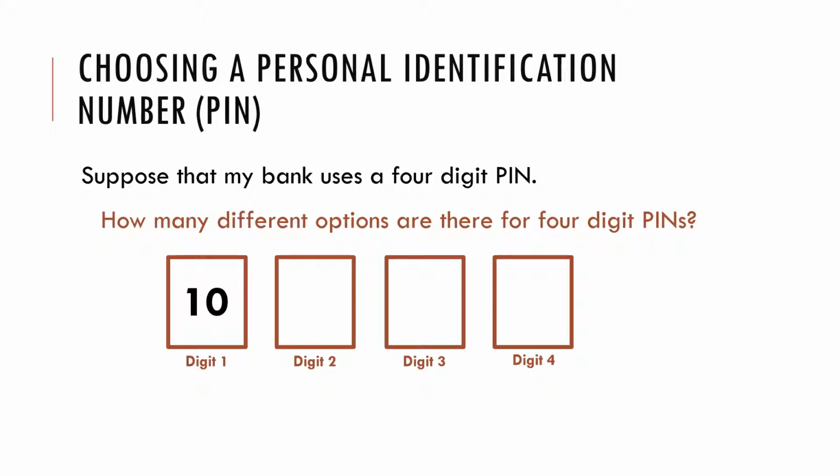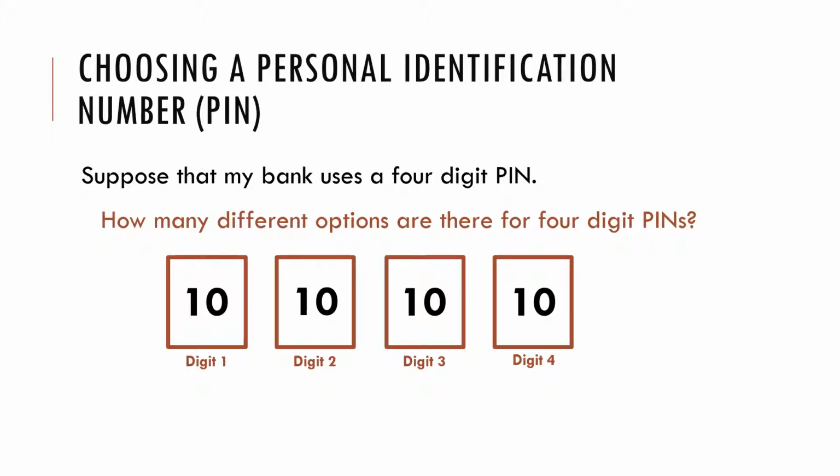So I have 10 options for my first digit. What can I choose for my second digit? Once again, if you wanted to, you could choose the same exact number. So there are still those 10 choices. For my third digit, we also have 10 choices. And then for my fourth digit, I have 10 choices.